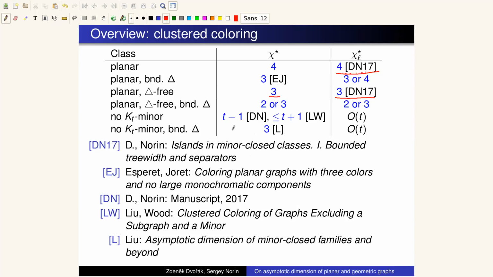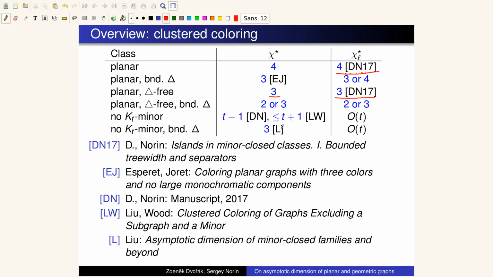In fact, we are able to prove this clustered version of Hadwiger's conjecture, except that our paper with Sergey hasn't been finished yet. It hasn't been finished for a couple of years, and it probably won't be finished for a couple more years. So you may have some doubts about it, but I think the best result which is published is that at most t+1 colors are certainly enough.